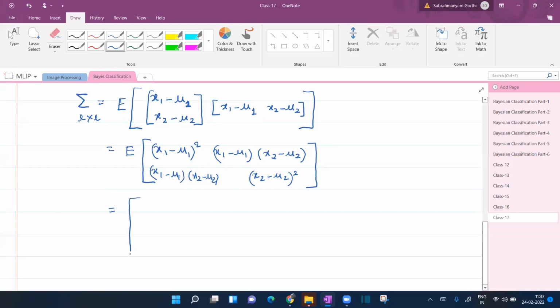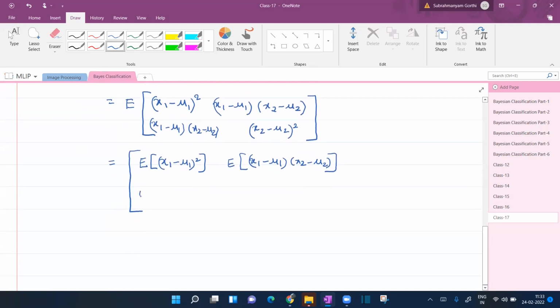So I could write this as expected value of x1 minus mu1 square, expected value of x1 minus mu1 into x2 minus mu2, expected value of the same thing here, and expected value of x2 minus mu2 whole square.